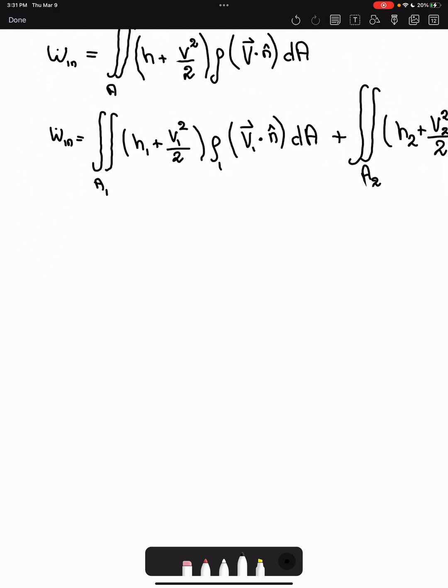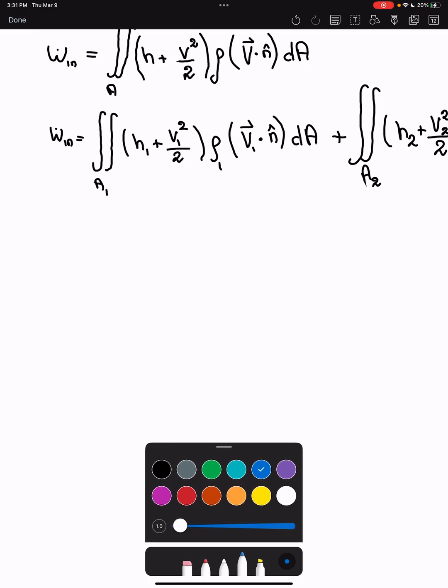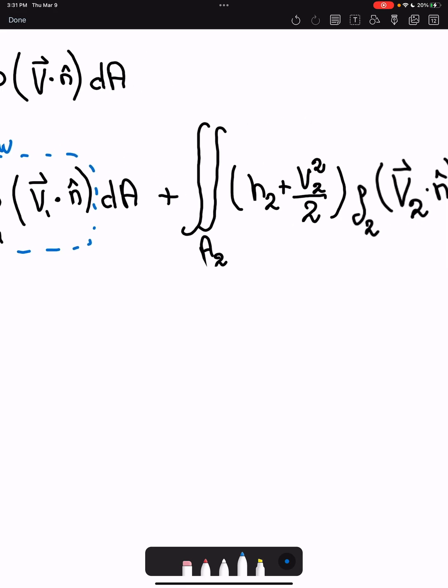Okay, so now what I'm going to say is that we can take these things out. And why would you take something out of an integral? Well, if it's a constant. And we are saying that they are constant throughout this whole surface because of the 1D flow assumption.